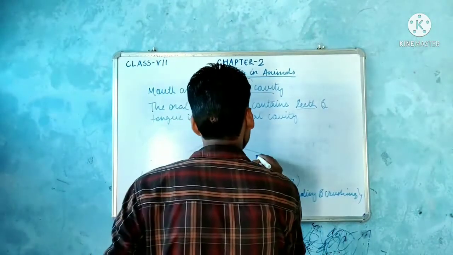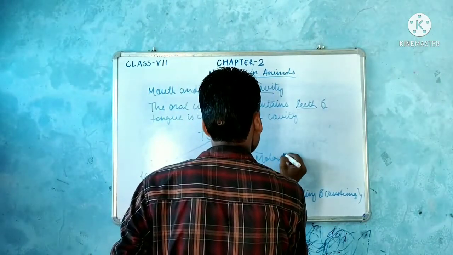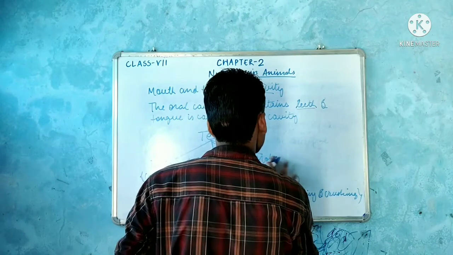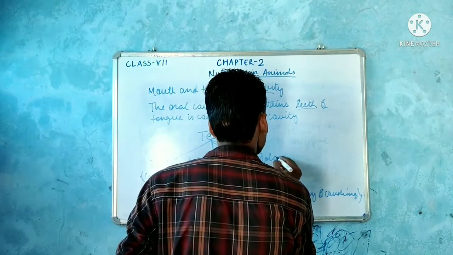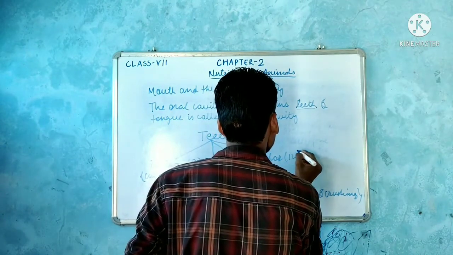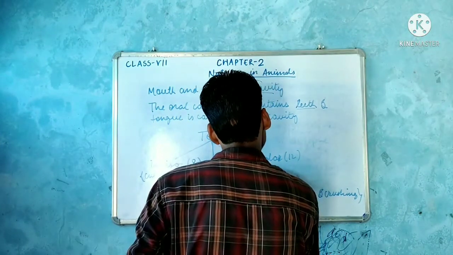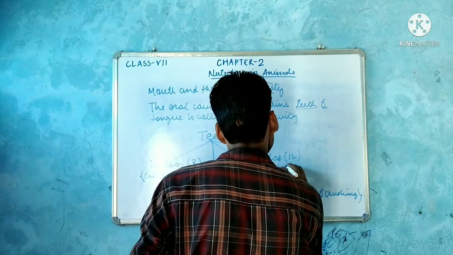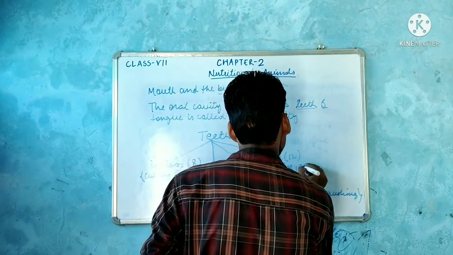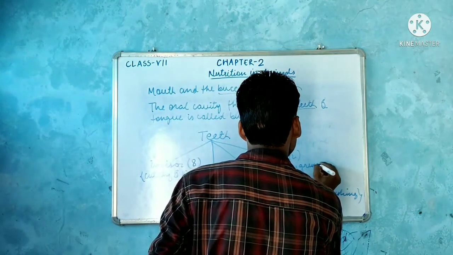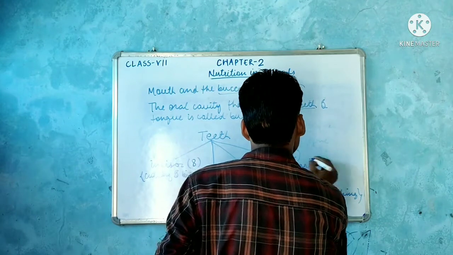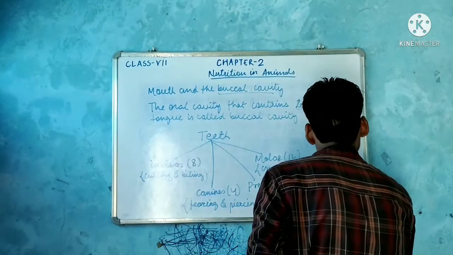And fourth type of teeth is molar. It is 12 in number. And it has the same function as premolar: crushing, grinding and food mastication.